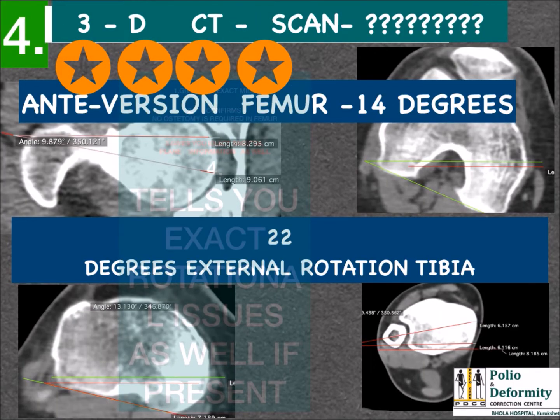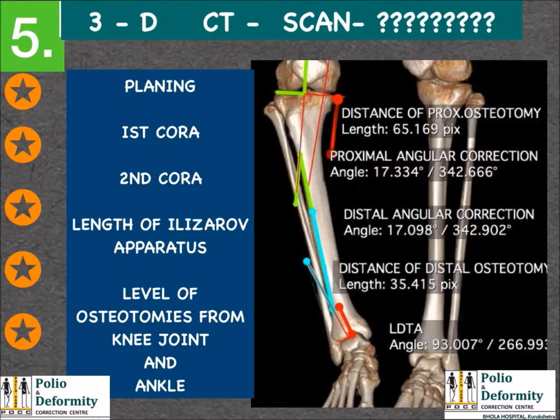And dear friends, the fourth advantage is it gives you rotational parameters. How much is the anteversion or retroversion of the femur, and how much is external rotation or internal rotation of the femur. This information cannot be taken or observed with the help of full-length scanograms.